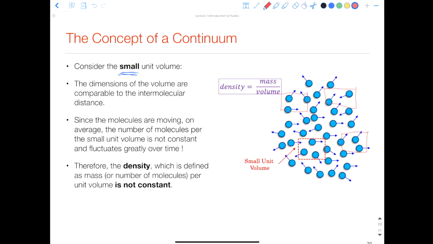So we can't really use this really small unit volume to do our analysis because it's not very useful. We'd have to do it at every single point, and atoms are so small that it's just too much to calculate. It's too much variability.